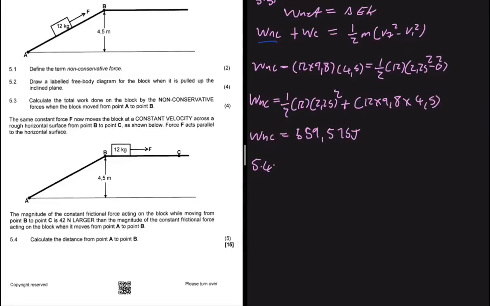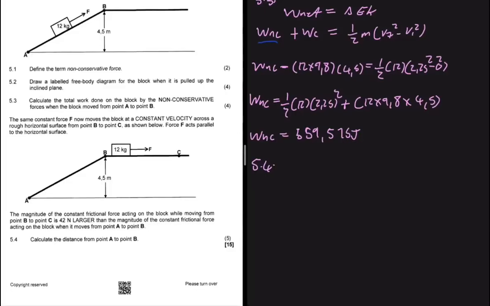The magnitude of the constant frictional force acting on the block while moving from point B to C is 42 newtons. Is 42 newtons larger than the magnitude of the constant frictional force acting on the block when it is moved from point A to B?